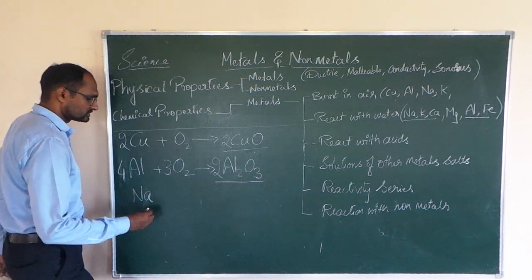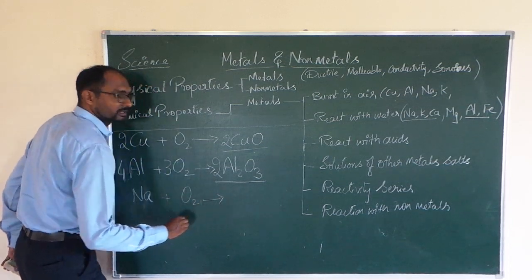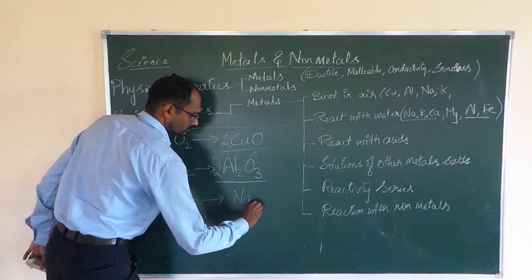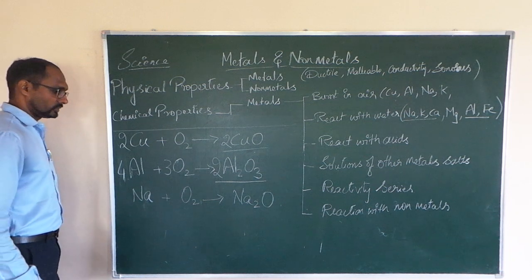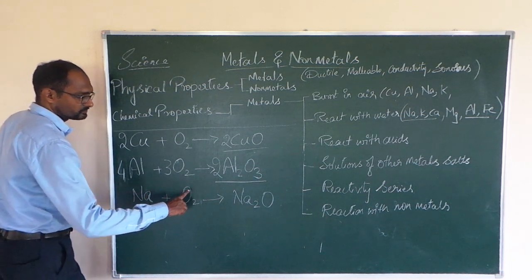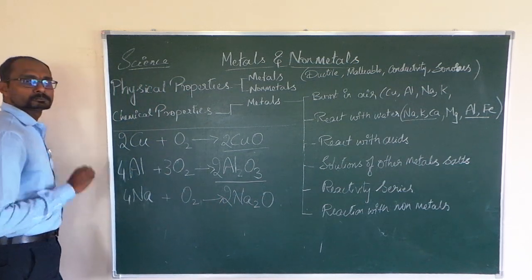So sodium, when it combines with oxygen, gives us sodium oxide. Is this balanced? No. We have 2 oxygens here, so I write 2 and there are 4 sodiums.